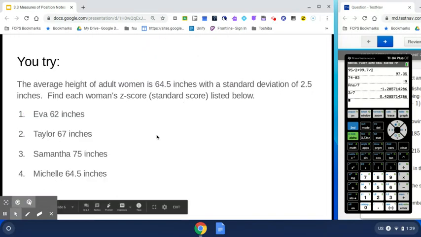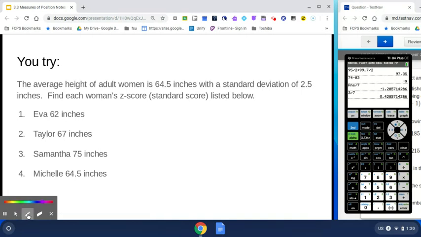This example says the average height of adult women is 64.5 inches with a standard deviation of 2.5 inches. Find each woman's z-score, standard score, listed below. Okay, our first person is Eva, and we're going to find her z-score.